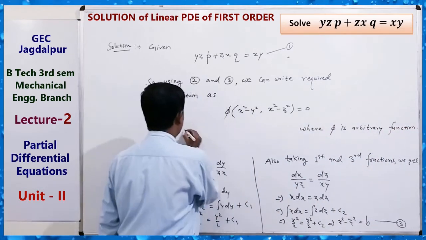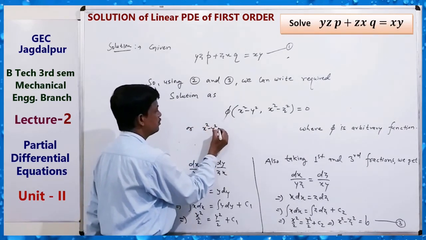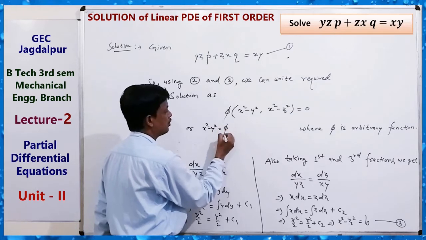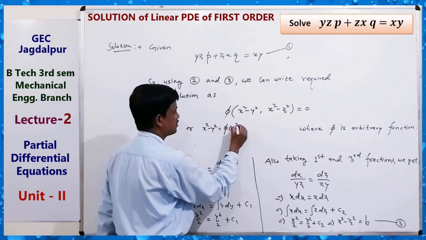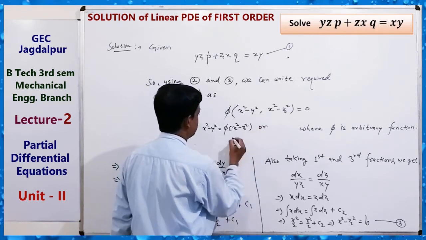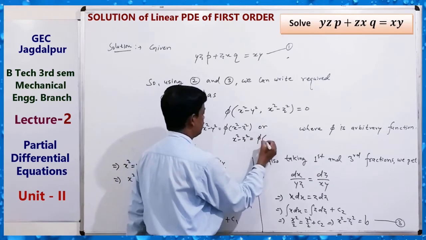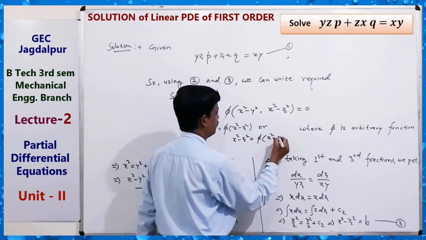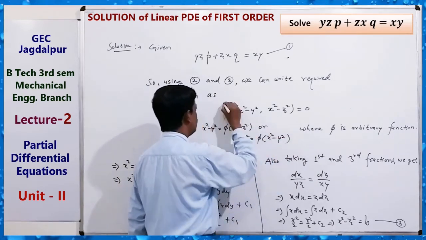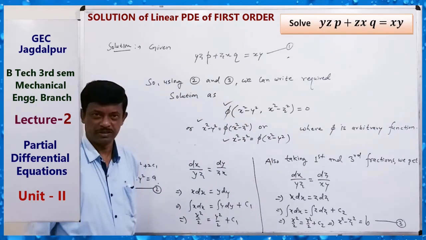Or also we can write u equals a function of v, x square minus z square, or v equals a function of u. Any of these three will be the solution.